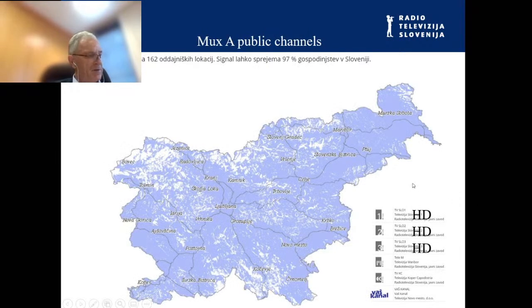On this slide, you can see the covering area of MUX A. As I said, it is dedicated only to public channels. The covering area is around 97% of Slovenian households.